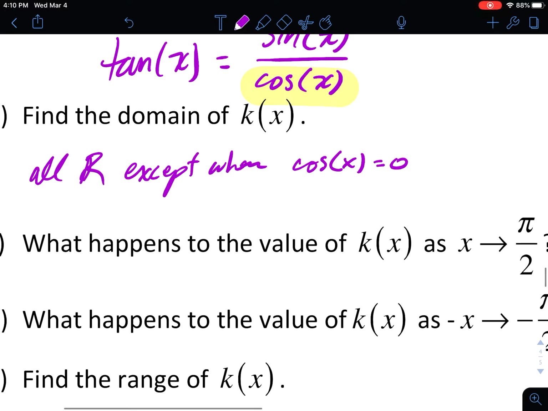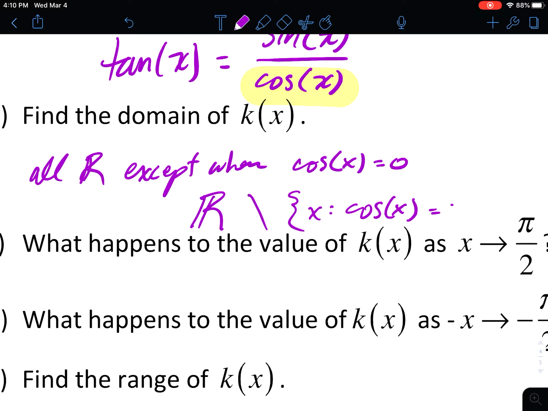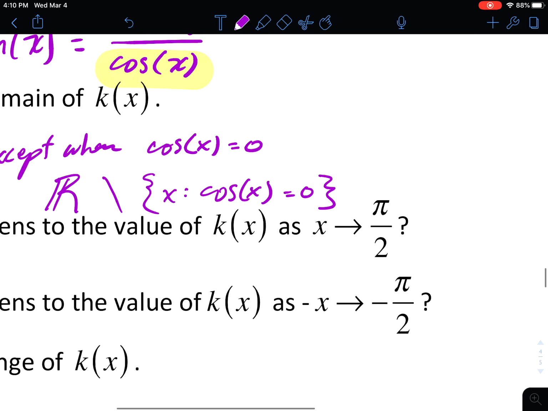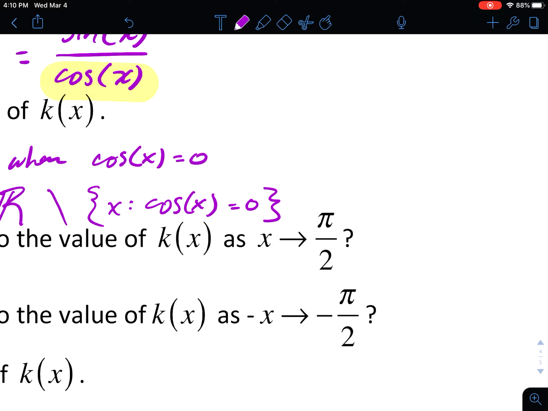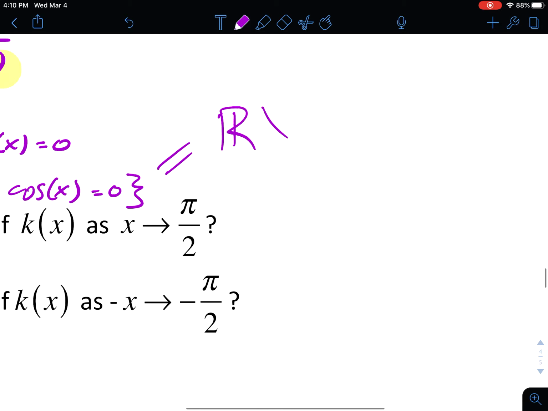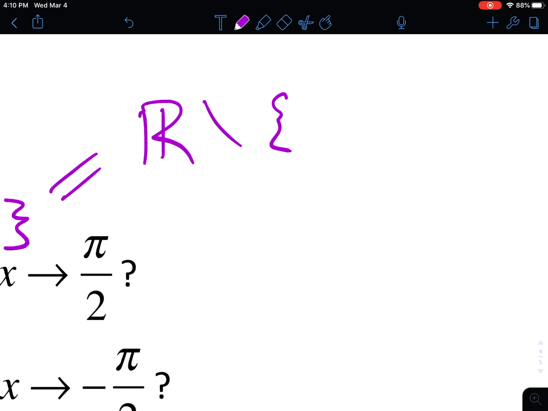And so one way to notate that is that it's all the real numbers except that set of x that make cosine x equal to 0. And so we can make a list of some of those numbers. We can describe this as all of the real numbers except for numbers like, well, what's something that makes cosine x equal to 0?